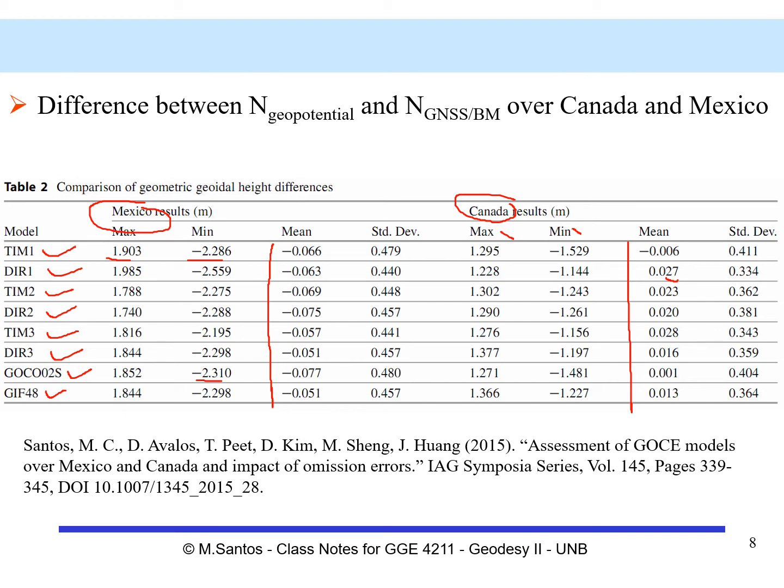So which means that it is important. Again, the geopotential model will give the shape, and then we constrain this shape of the geoid with the GNSS on benchmarks.